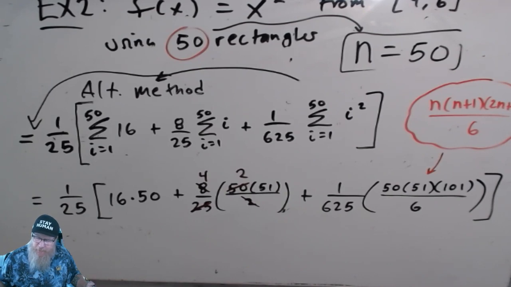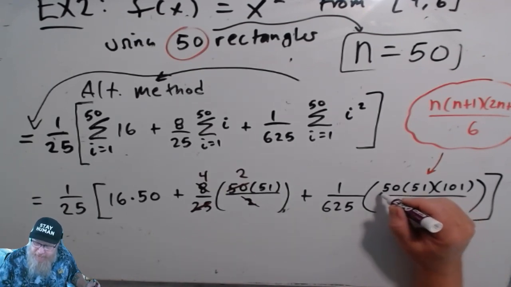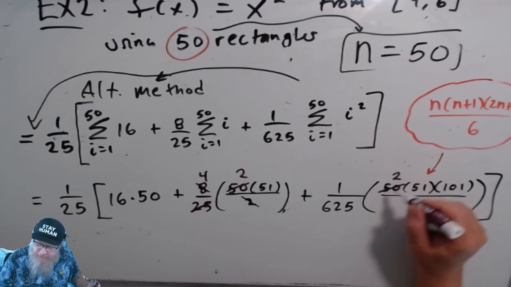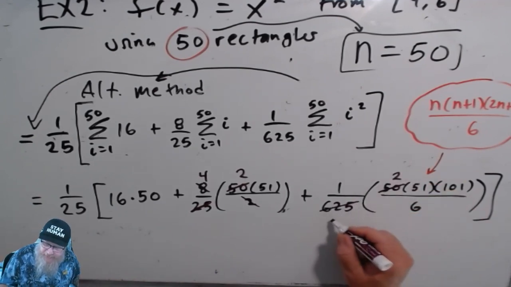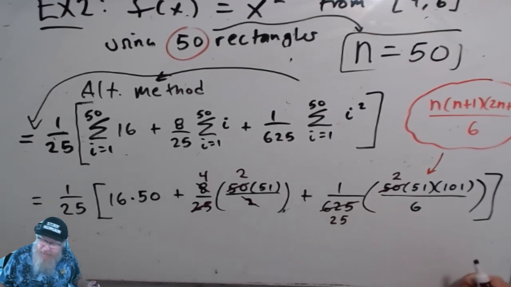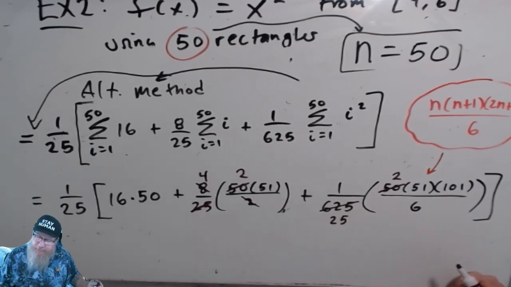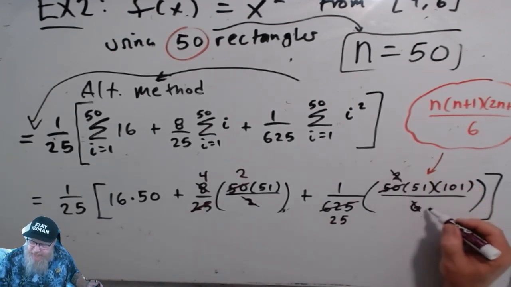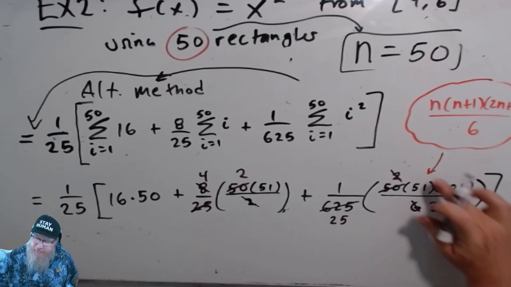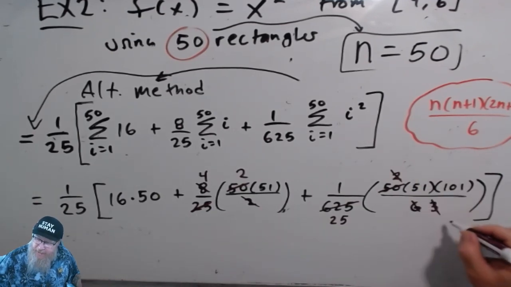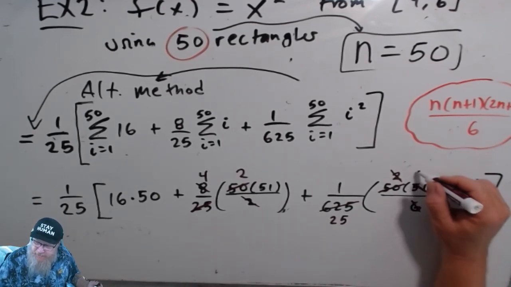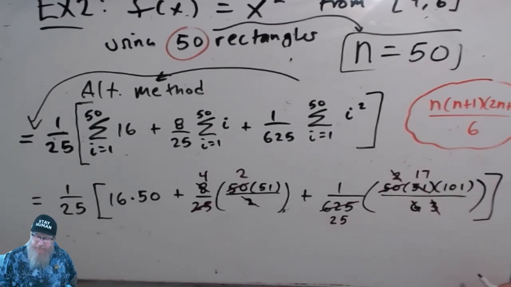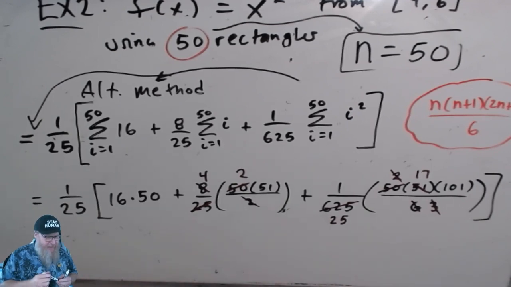I don't know if this one's worth it. 25 goes into 50 twice. 25 goes into 625 25 times. 2 goes into 6 3 times. 3 goes into 51 17 times. I think that's it. That's as good as it gets.